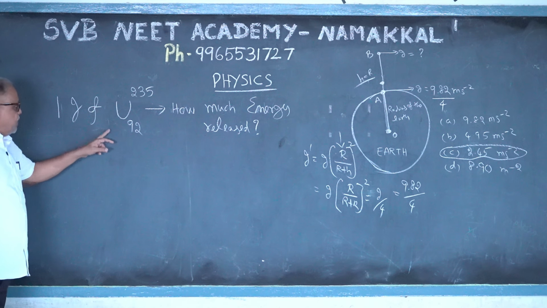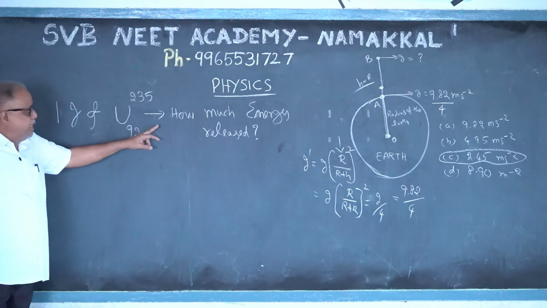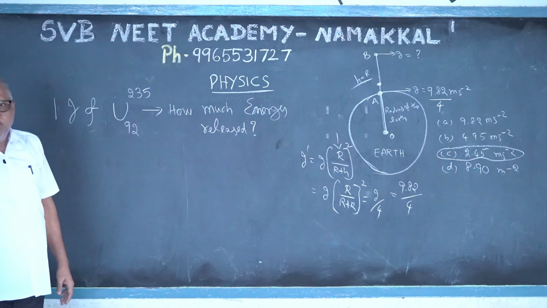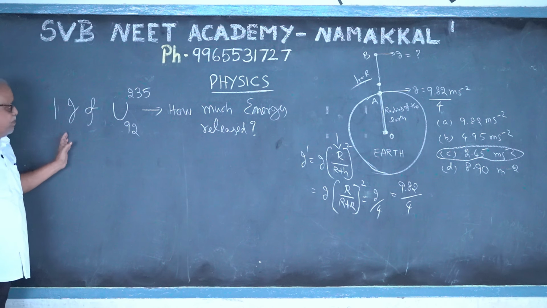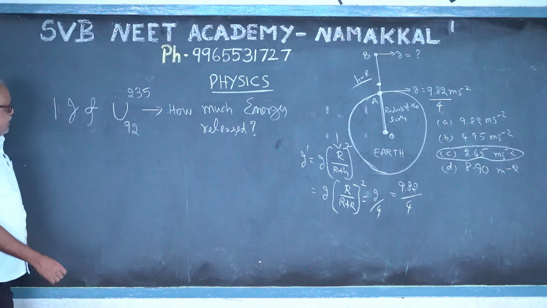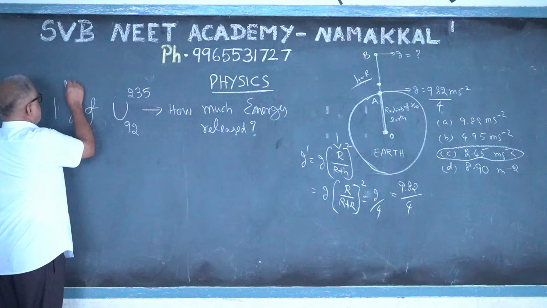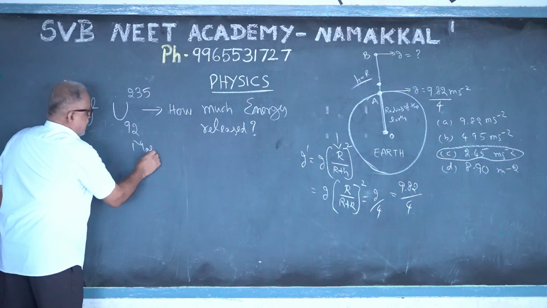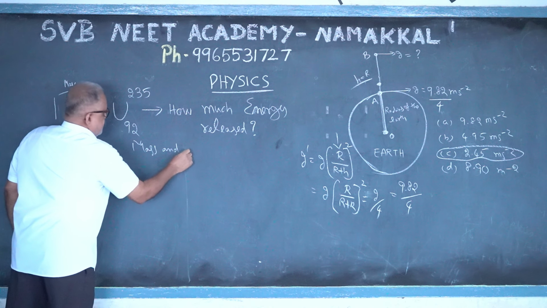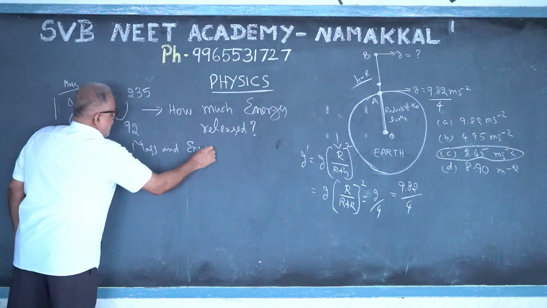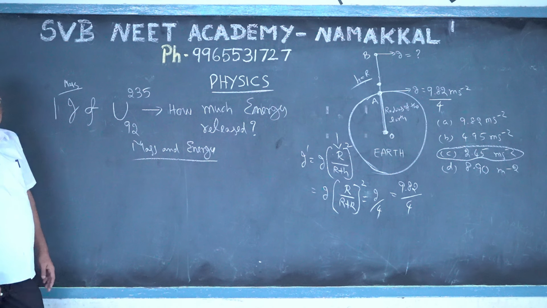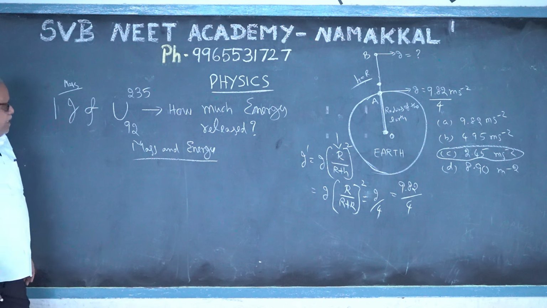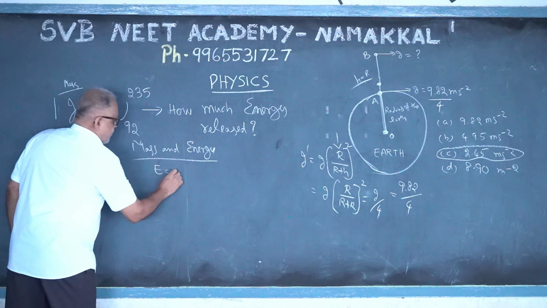Here, 1 gram of uranium: how much energy is it? This is a problem that needs a formula. There is a relationship between mass and energy, the mass-energy relationship given by a scientist of the 20th century: E is equal to mc square.